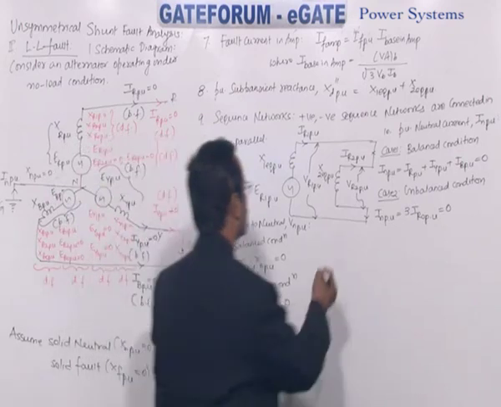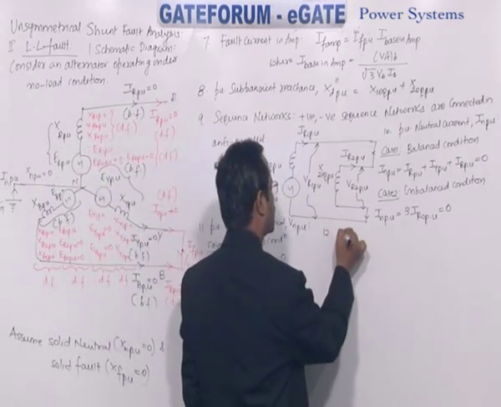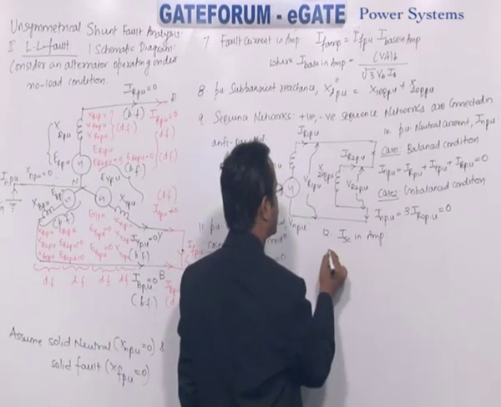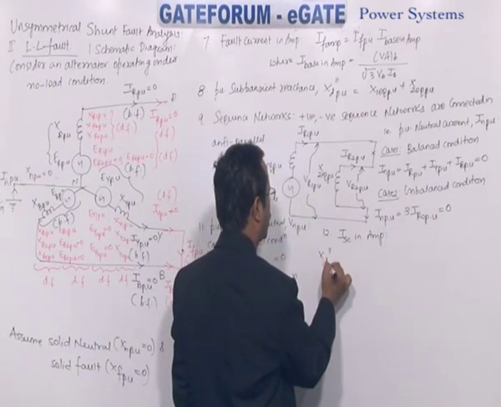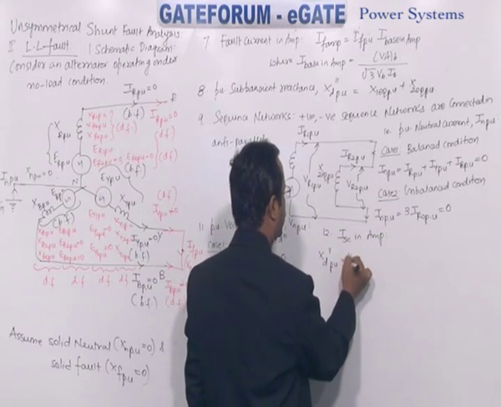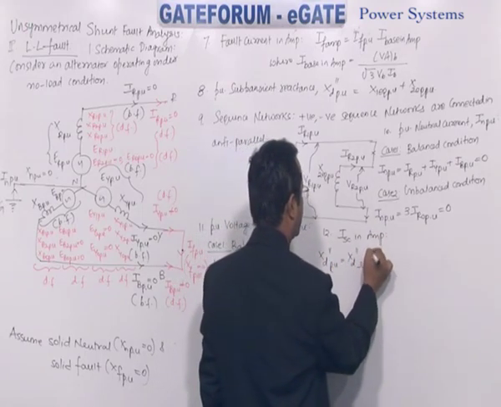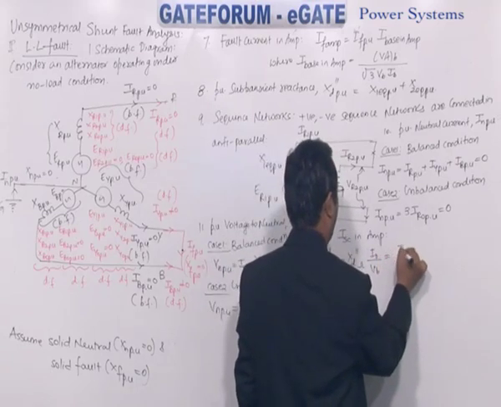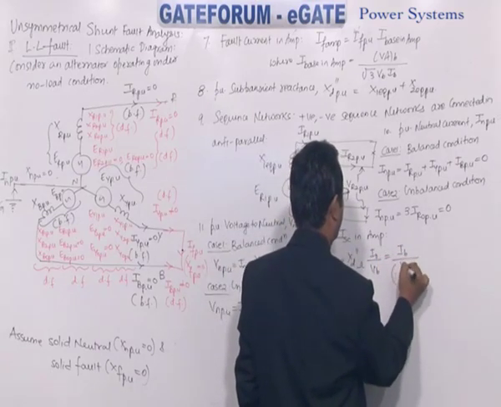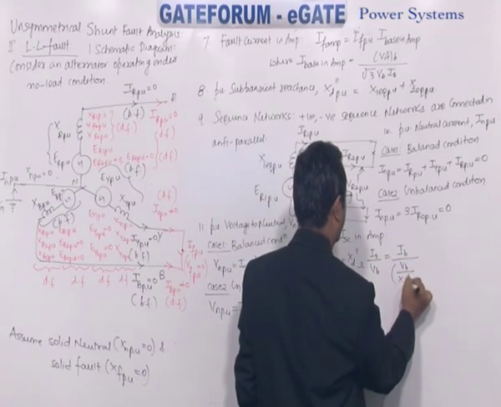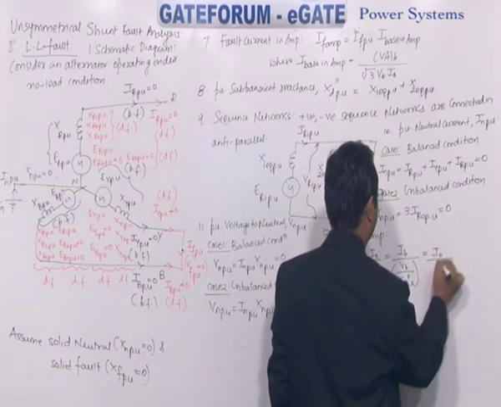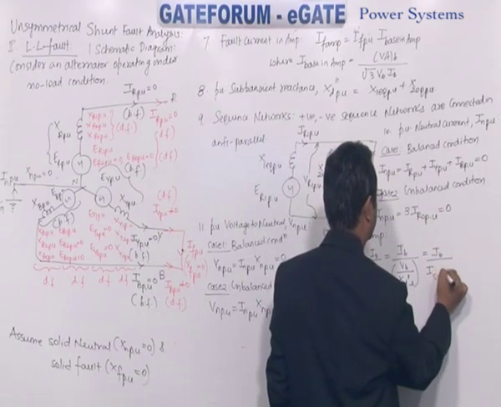Next we represent short circuit current in amperes. The procedure is the same as for the last fault. XD double dash per unit is XD double dash in ohms times IB by VB. Now take that to the denominator: VB by XD double dash in ohms. What is VB by XD double dash in ohms?